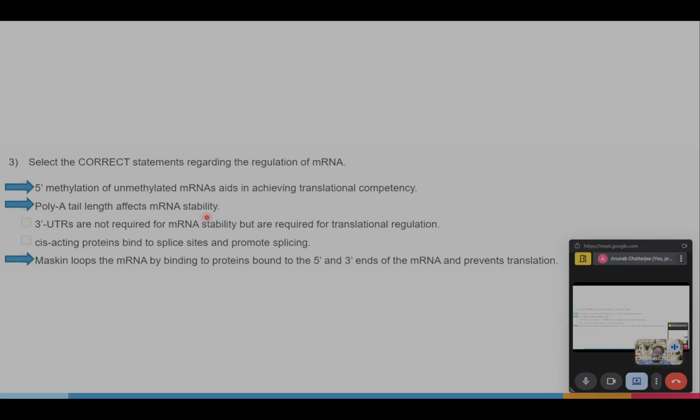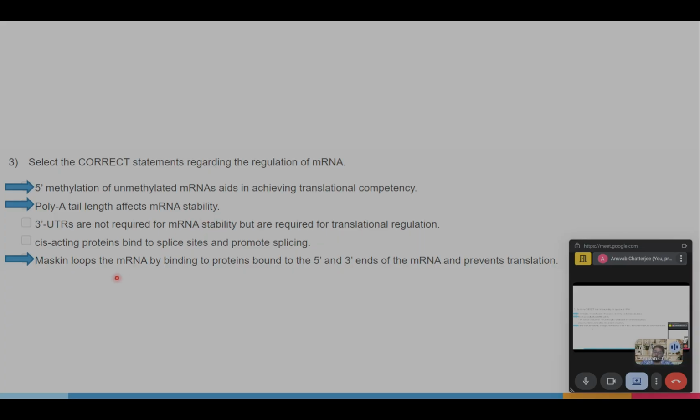And that is why the poly A tail is important, because a large poly A tail means whatever exonuclease comes and tries to chop the RNA off will be thwarted by the poly A tail, because it will chop just a small portion of the poly A tail, and the entire information of the mRNA will still be safe and can still go on translating.